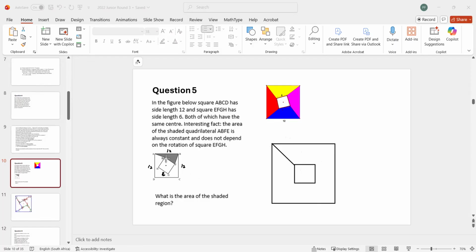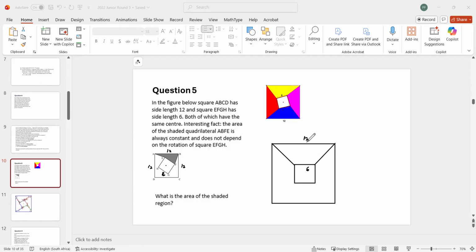It's that joined to that, and this one is joined to that. So we need to find the area of this trapezium. Now, okay, so we know that this is 6.